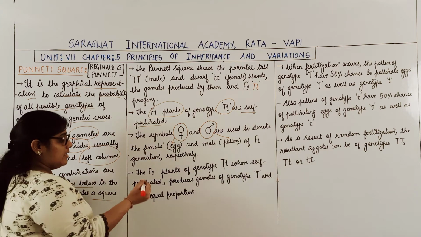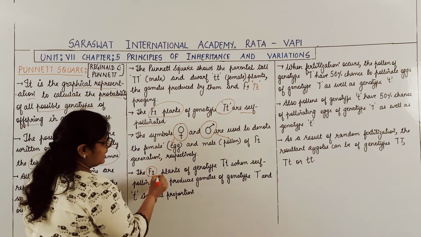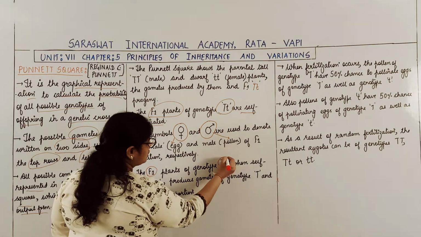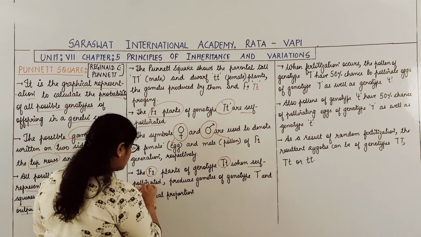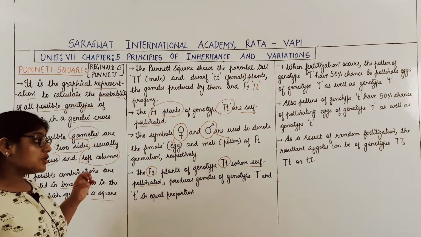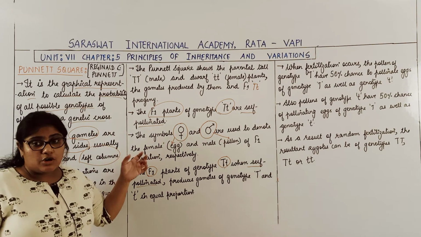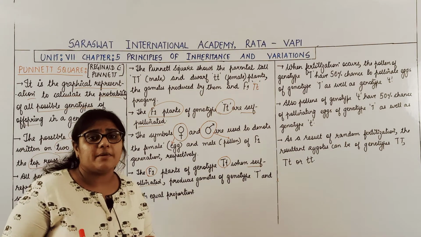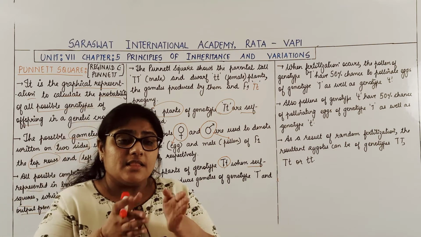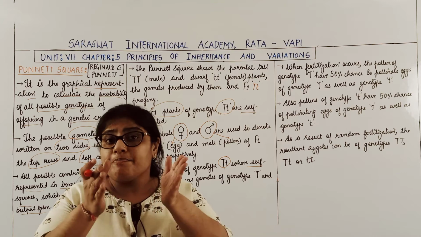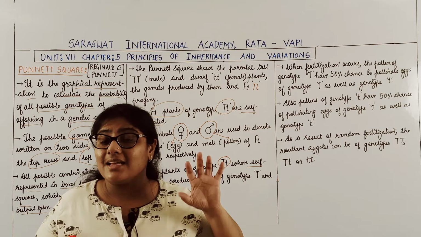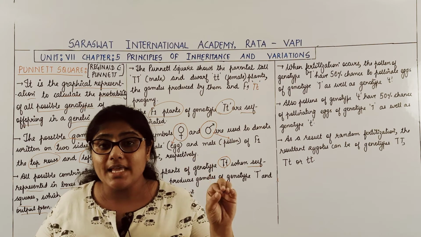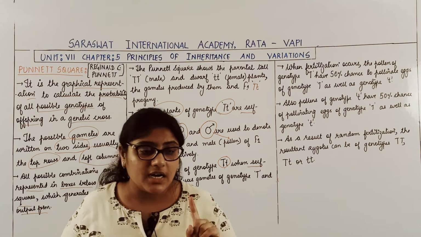Now, what happens when the F1 plants of the genotype capital T, small t, are self-pollinated? As we know, during gametogenesis, or the formation of gametes, a pair of alleles get separated and the gamete will contain only one allele of a pair.